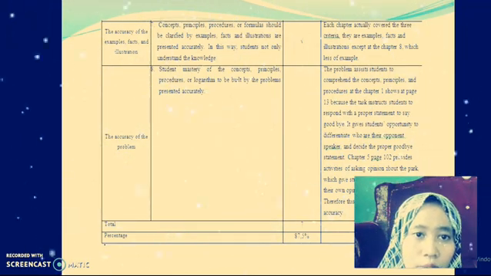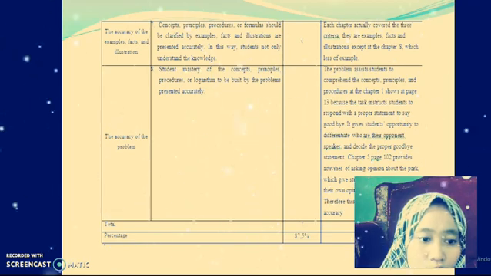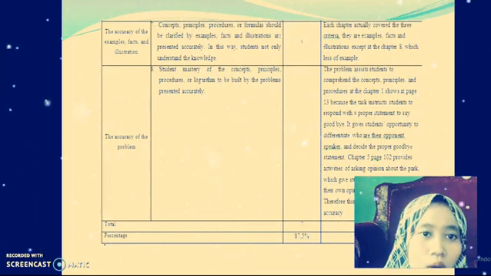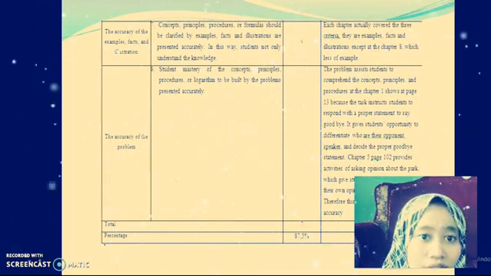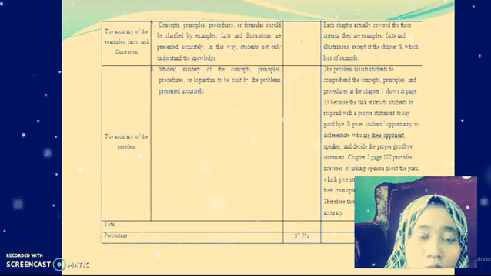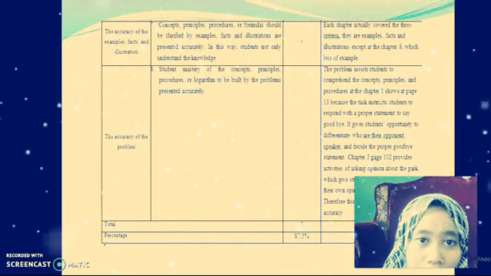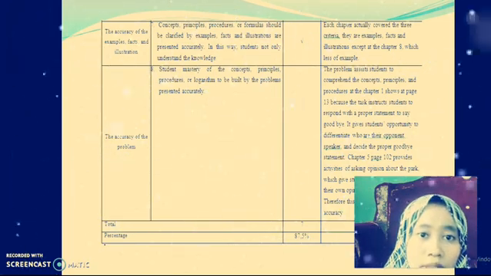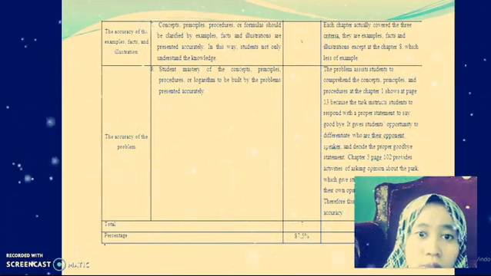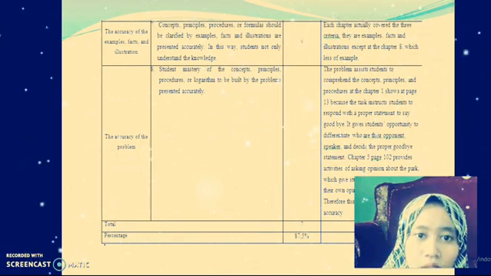And we come to the fourth point of accuracy of the material. The fourth point is the accuracy of the examples, facts, and illustrations. There is only one indicator of this point. It is that concepts, principles, procedures, or formulas should be clarified by examples, facts, and illustrations presented accurately.